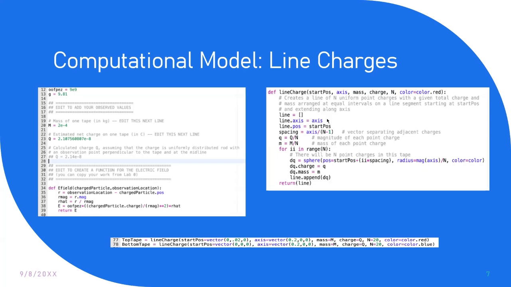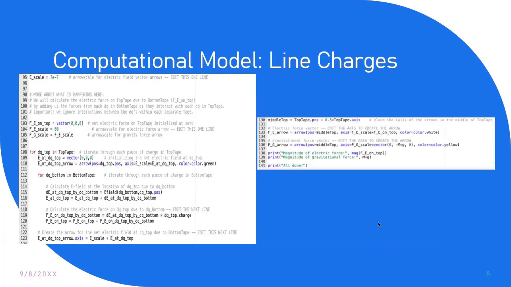This next function was given to us, and it creates a line of n uniform point charges with a given total charge. We then call this line charge function to create the top tape and the bottom tape, which is just a bunch of point charges put together. Our number of point charges is 20 for each line of tape.